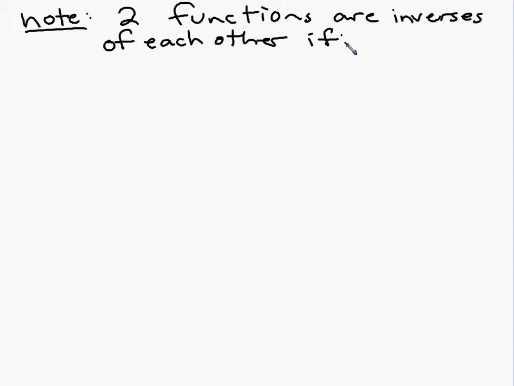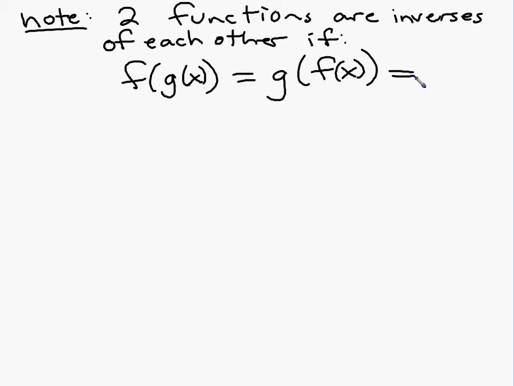They are inverses of each other if f of g of x is the same thing as g of f of x, and they both must simplify to x. If two functions are inverses of each other, then when I plug them into each other, they should simplify to x, to that line of reflection.